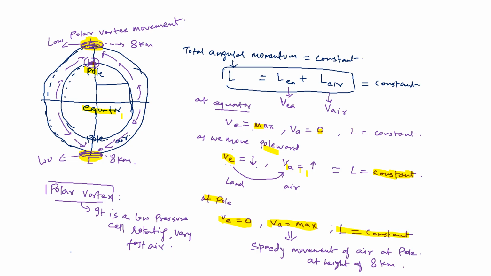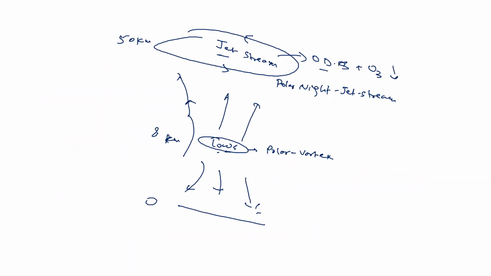So that is the reason that in the polar region at the height of 8 kilometers, speedy movement of air is observed that maintains the low pressure, and this movement is called polar vortex movement, and that is causing the high pressure maintenance on the ground and the stratospheric jet stream. So this can explain the process of ozone depletion. That's why ozone depletion increases in winters, because this formation occurs in the winter season.